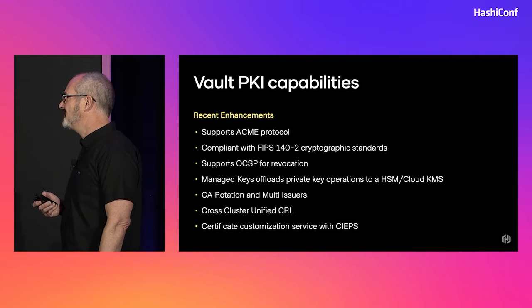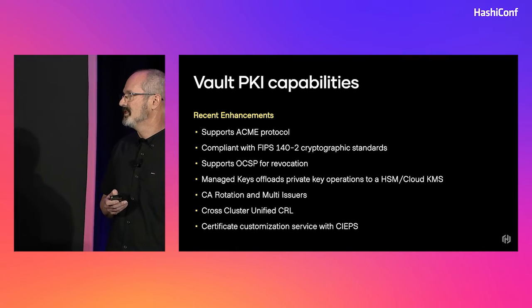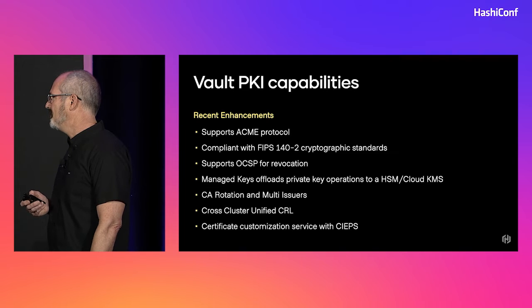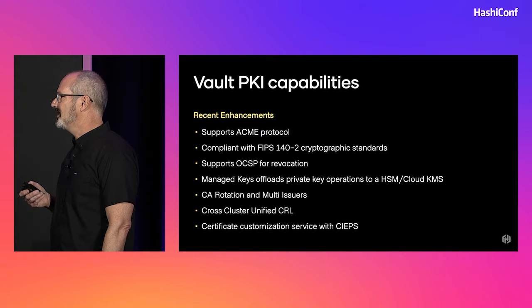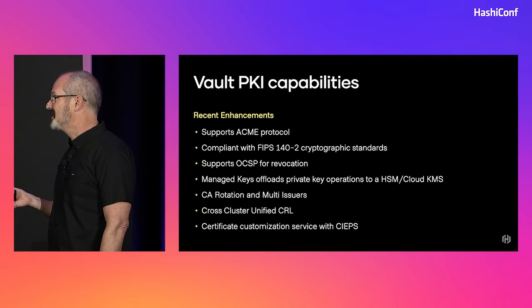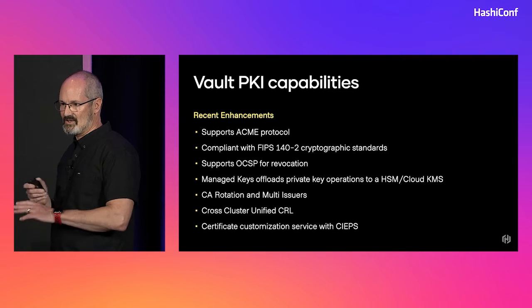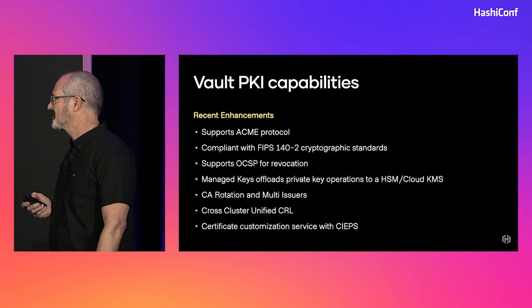There's CA rotation using multiple issuers. That is also a fairly new capability. And then cross-cluster unified CRL, so you can revoke certificates even if it's not on the same cluster that originally issued that certificate. So it just makes it easier to manage things horizontally when you have to take those actions.